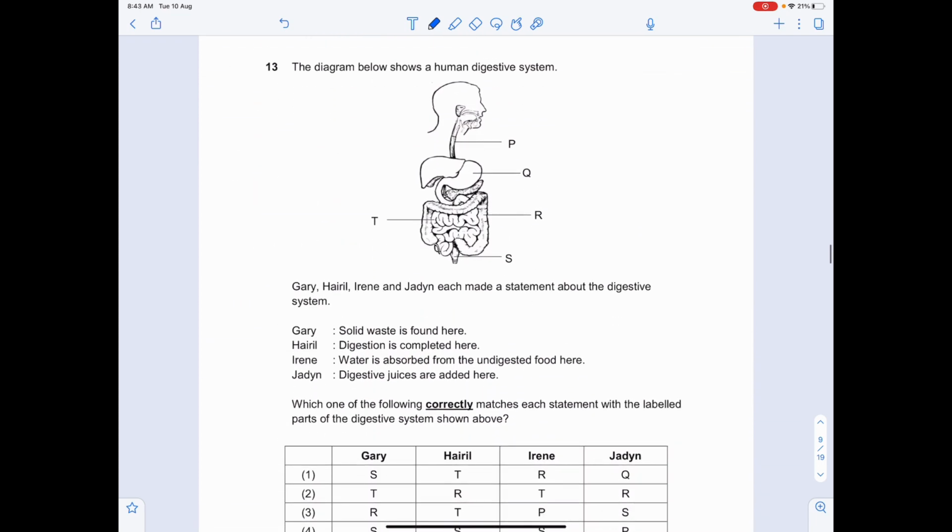Moving on, the diagram shows a human digestive system. So once again, for the human digestive system, you will need to learn how to identify the various parts and at the same time look at what are its functions, how is it related.